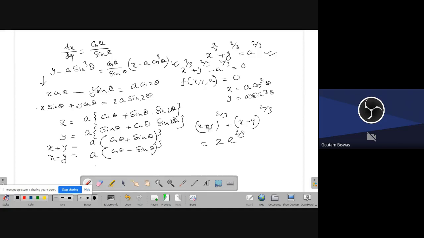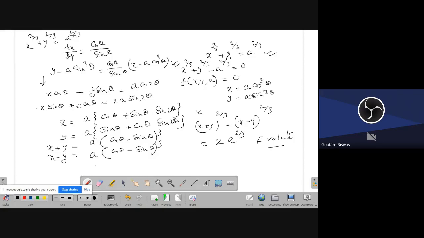So this is the equation of the evolute of the curve: x to the power 2/3 plus y to the power 2/3 is equal to a to the power 2/3.